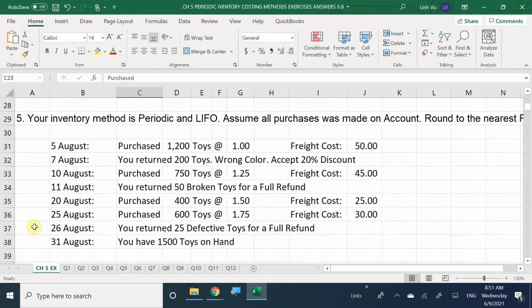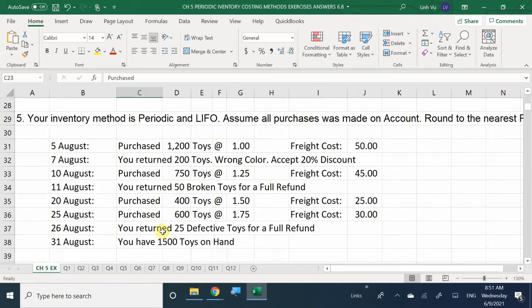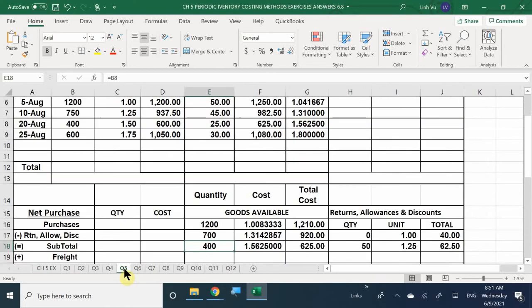So what happened on the 26th of August? You return 25 toys at a full refund. So we actually returned 25 of those items.